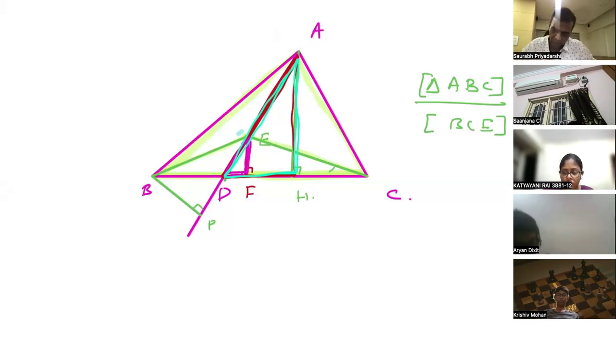So what ratio are you getting for the heights? The same as AD and DE. What is the ratio of AD and DE? What was given? 4:1.